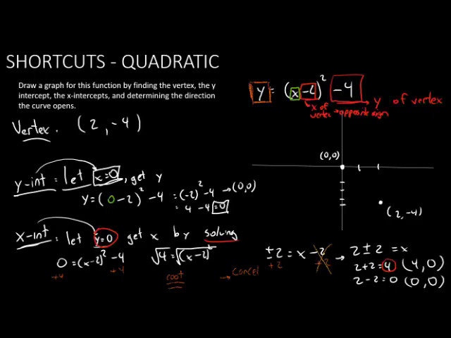Now 0, 0, we've already drawn on the graph at the origin, but now we found a new x-intercept, and that is 4, 0. So we will go right by 4, place a dot there. Now we'll draw our curve starting from the vertex and passing through both of the x-intercepts we drew. So now we have a curve just like the one we got by plotting.